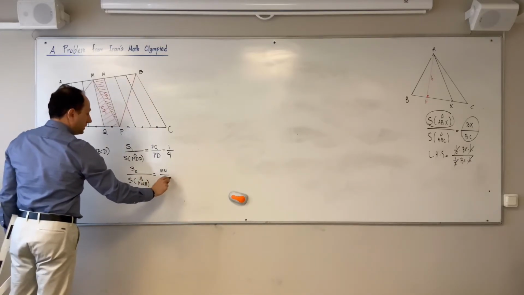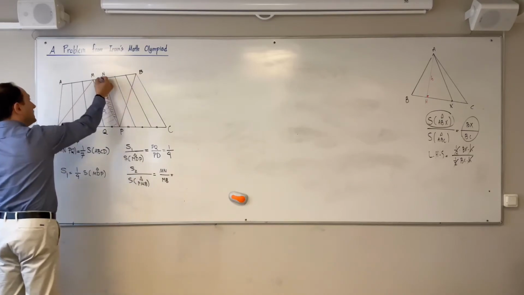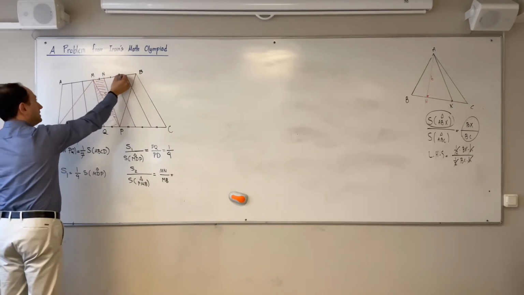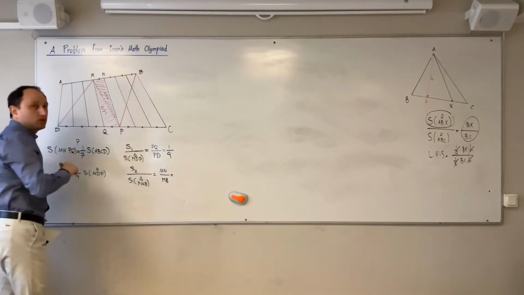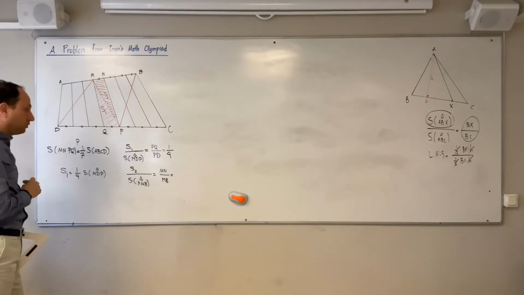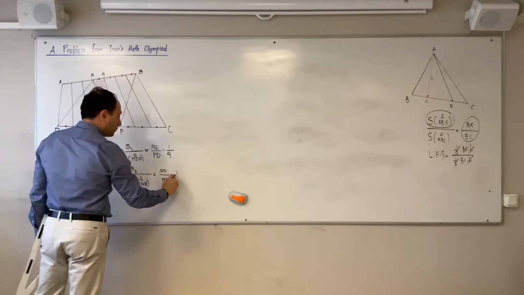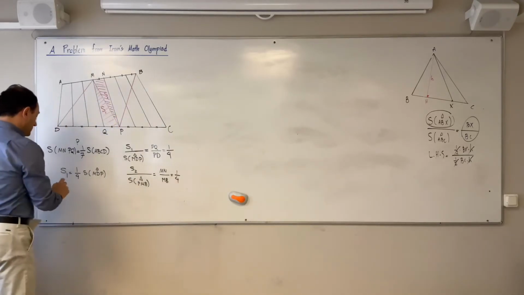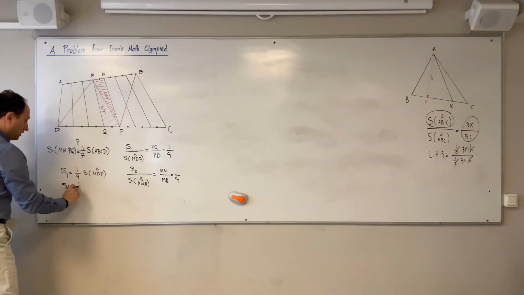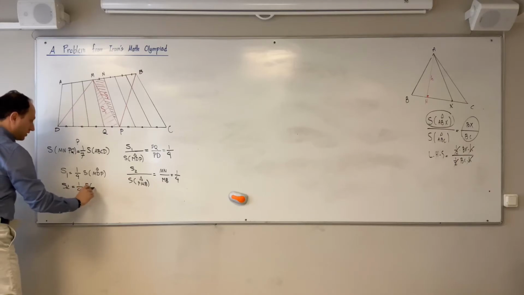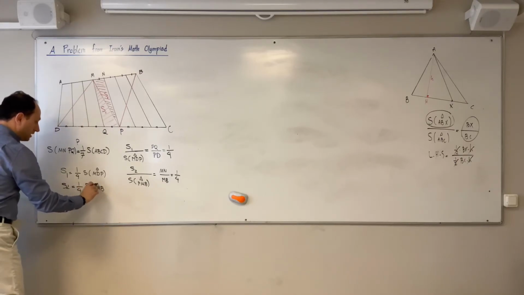But again, the same thing repeats itself, because this length and that length, according to the construction of the problem, are equal in size. So this is also exactly 1/4. So this means that S2 is 1/4 of the surface area of PMB.